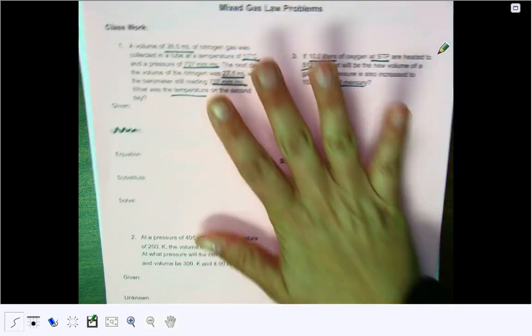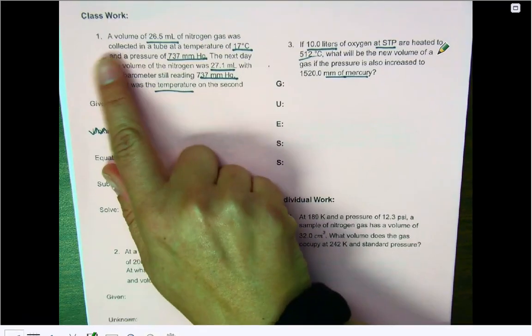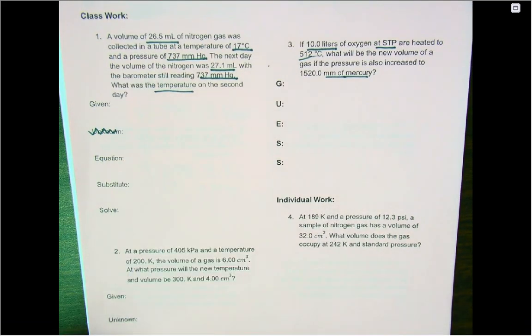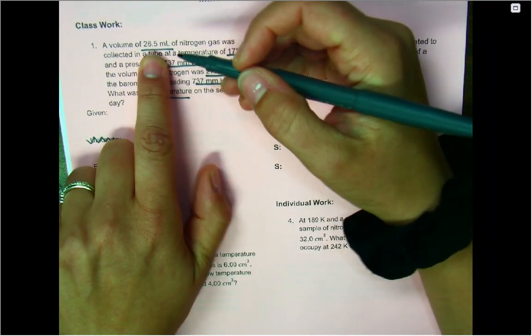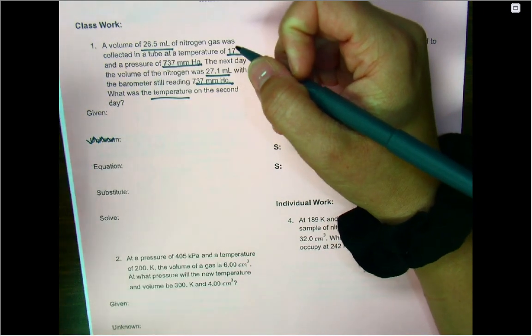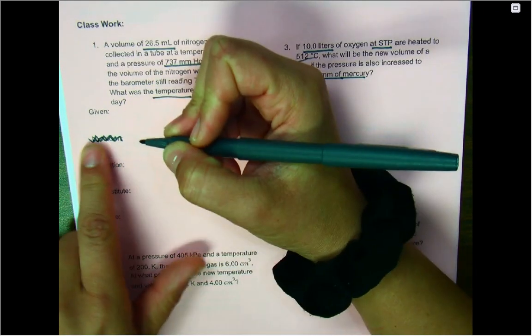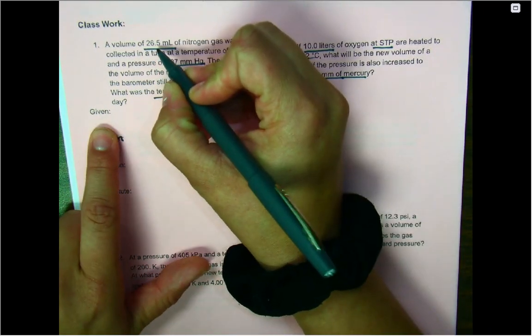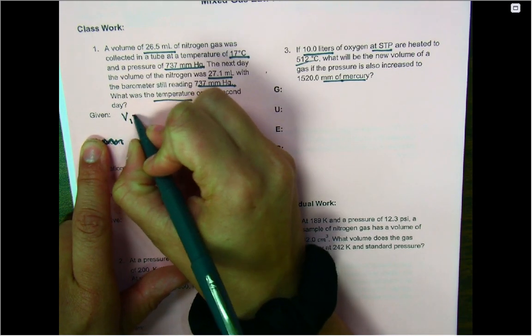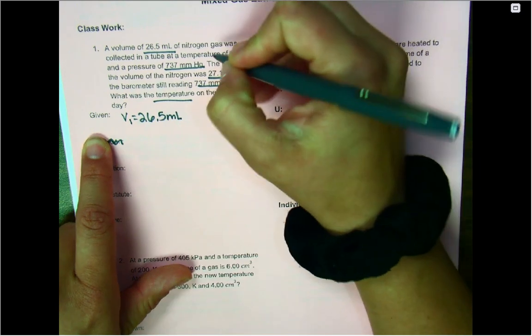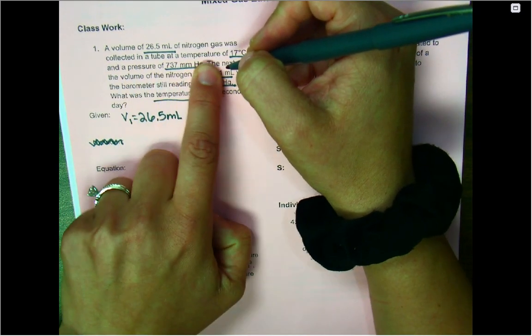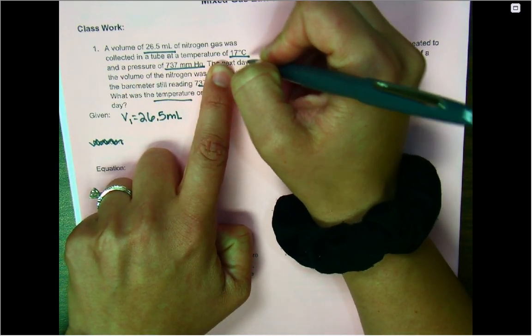All right. So for number one, when we're reading through question number one on the pink page, it says a volume of 26.5 milliliters. So what I would do there, you can cross out the word unknown right here. We're going to circle it. So we would write down V1 26.5 milliliters of nitrogen gas is collected in a tube at a temperature of 17 degrees Celsius.